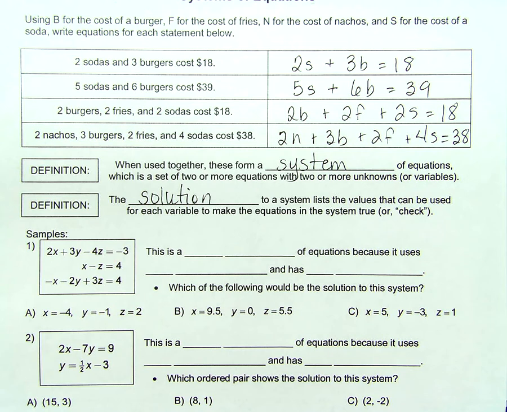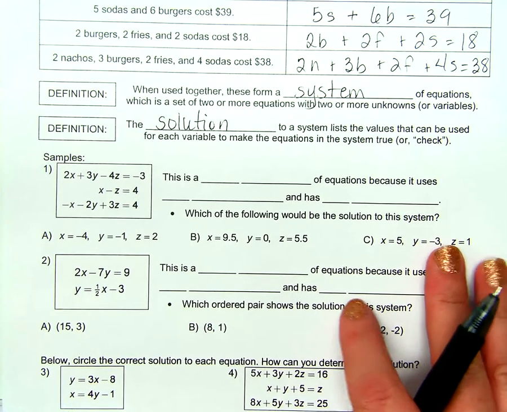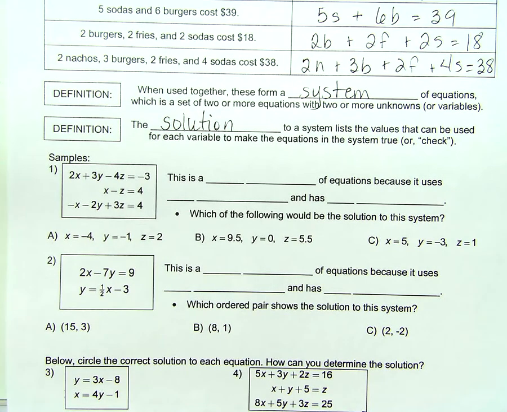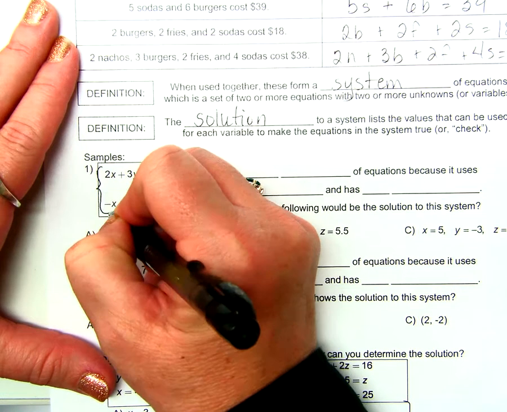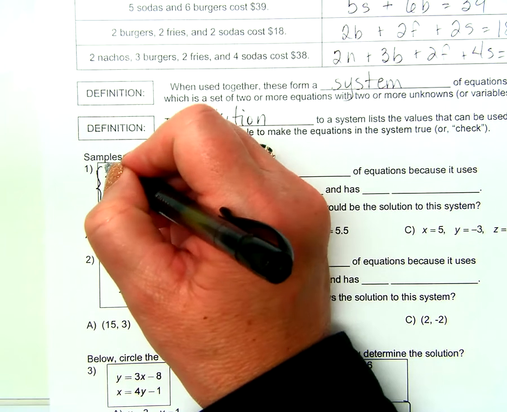So, we're just talking in general still. I'm just trying to get you some information about systems of equations. Okay? This system right here. Now, how do you know that's a system? Because it's in a box? You don't know it's a system because it's in a box. They're not hardly ever going to be in boxes. What you're going to notice is there's going to be sometimes a bracket around all of the equations.